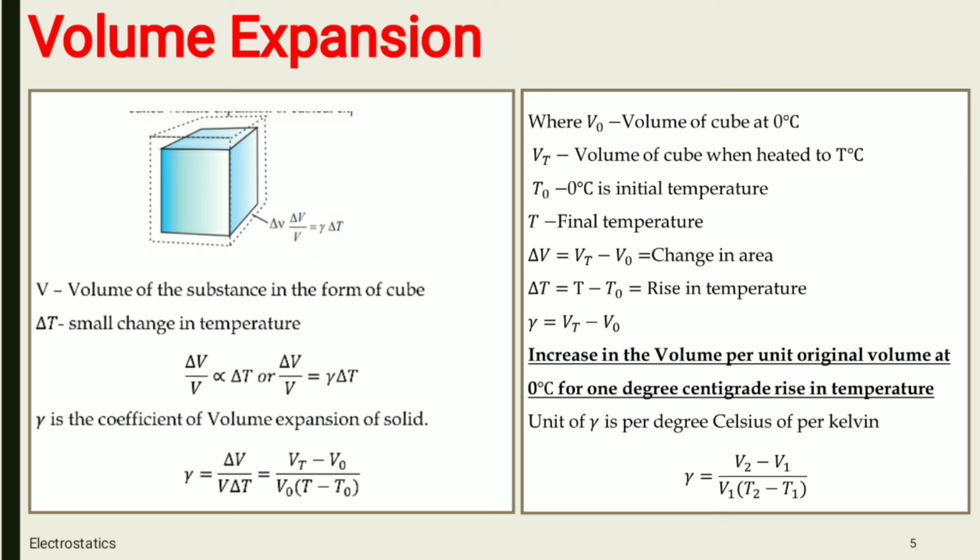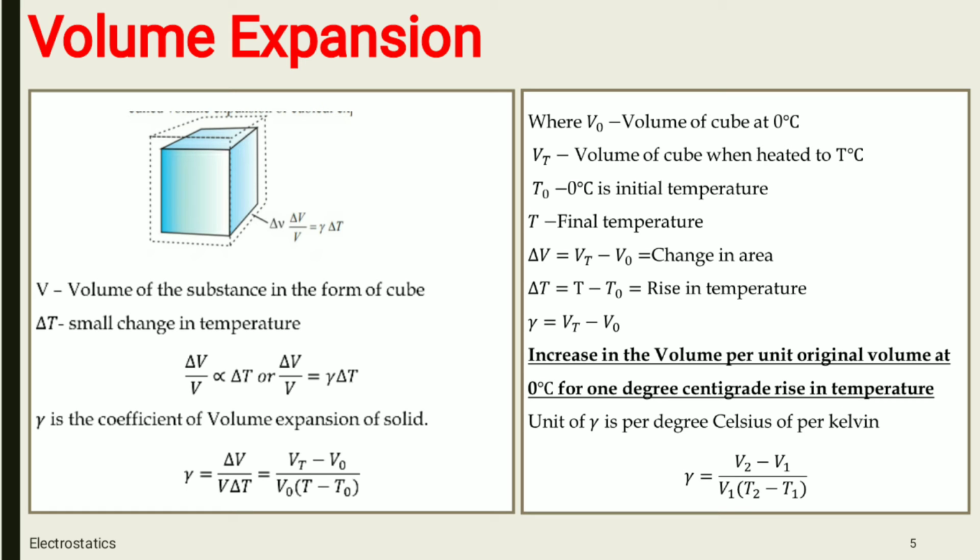Here you can consider a solid cube, or a cube consisting of liquid or gas. That is, volume expansion takes place for liquids and gases also. Okay. Then delta T is what? Again, small change in temperature.